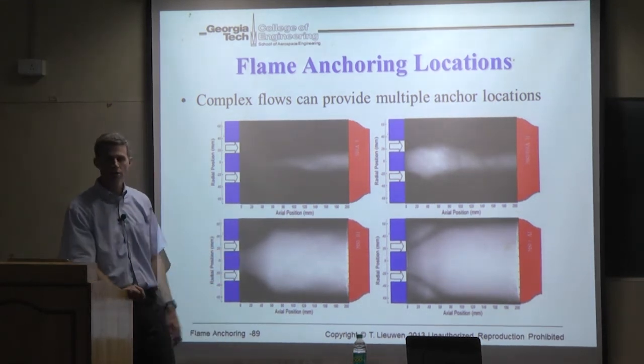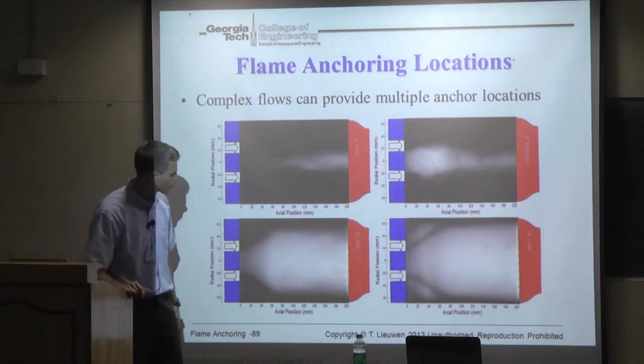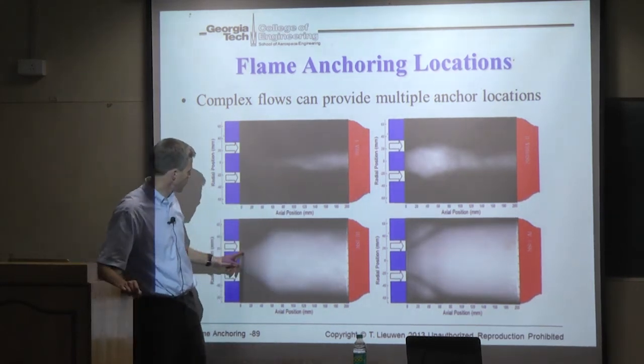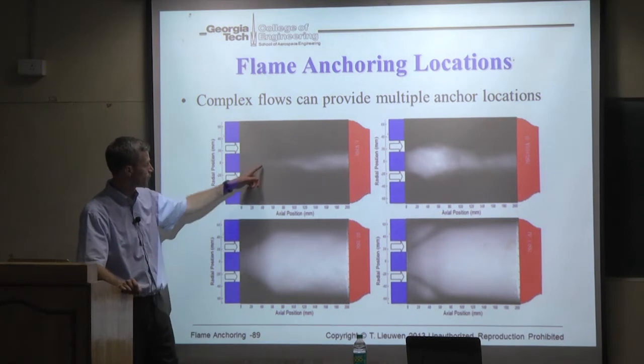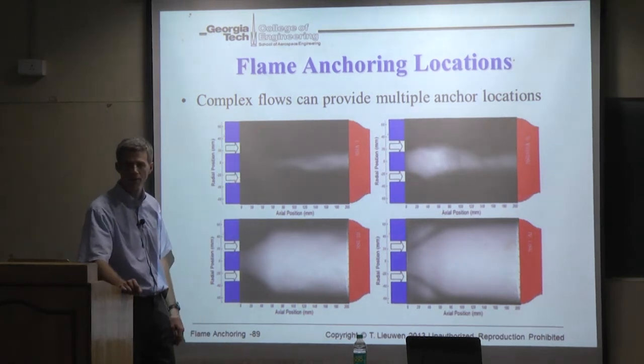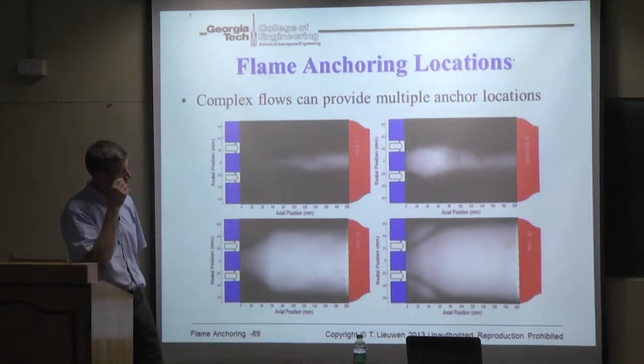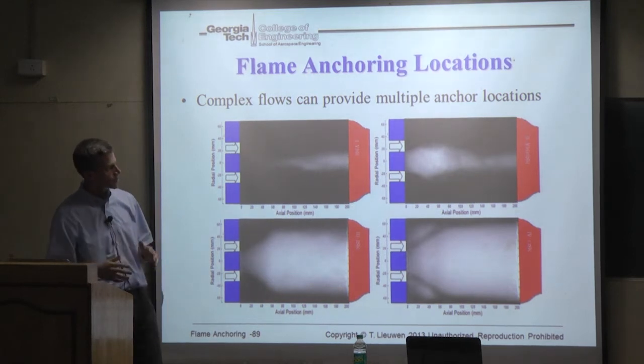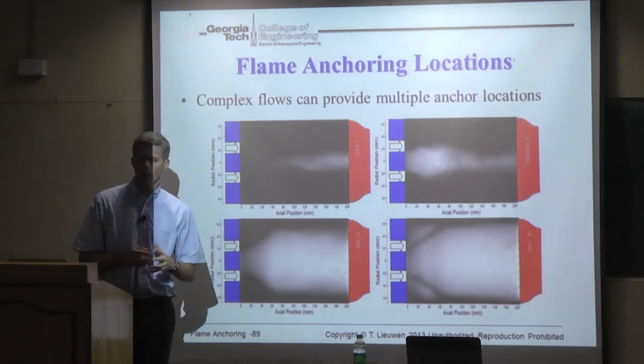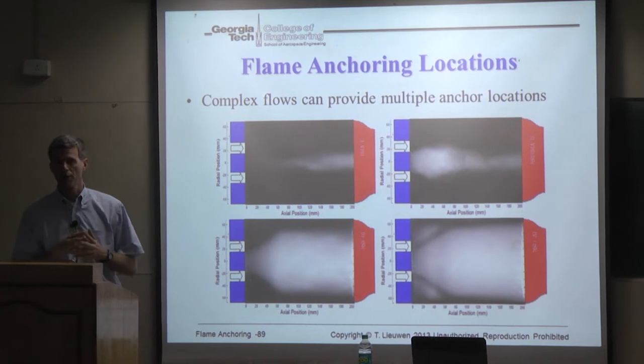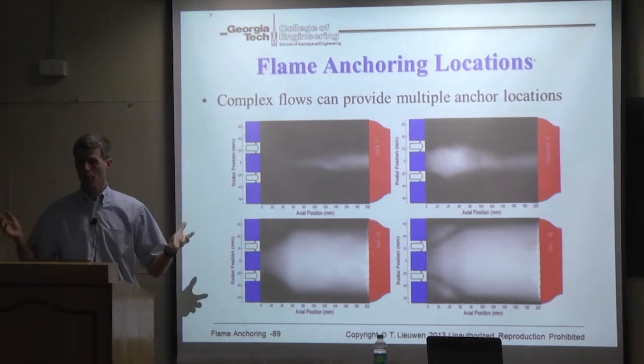Or if you keep decreasing the equivalence ratio, all of a sudden the flame can just lift off of the inner shear layer, and you end up with something that's aerodynamically stabilized. This is oftentimes what we see in real systems, where you get these discontinuous changes in flame shape, where you essentially have local blow-off. The flame is not globally blowing off.